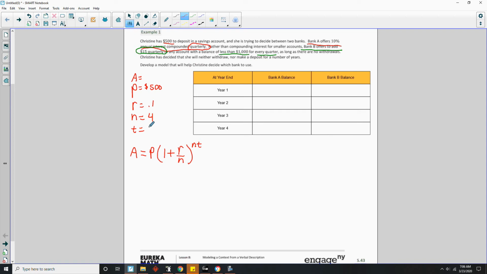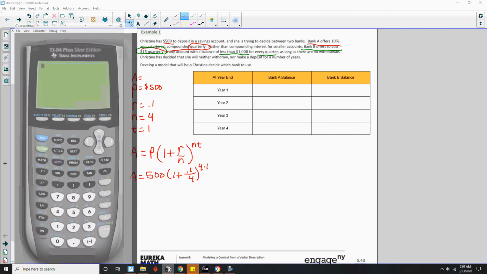Okay, so if we're going to now calculate the first year, then my A is going to equal my principal of $500 times 1 plus the interest rate, which is 0.1, divided by n, which is 4, because it's quarterly and there's 4 quarters in a year, to the power of n times t, which is simply 1.